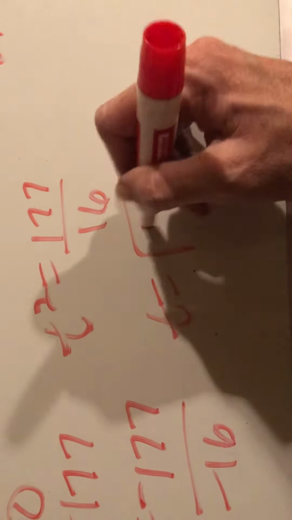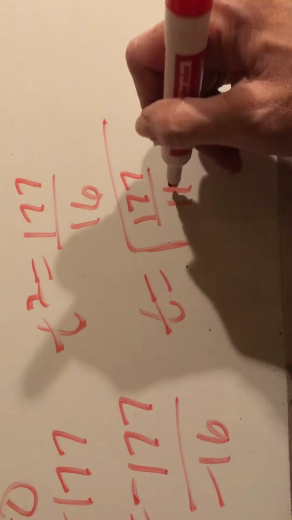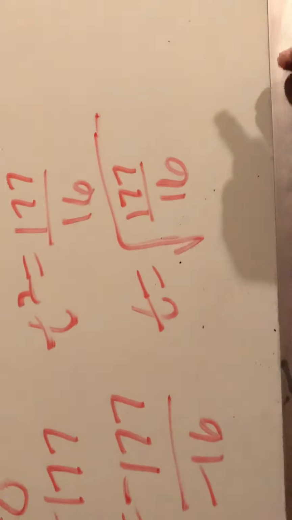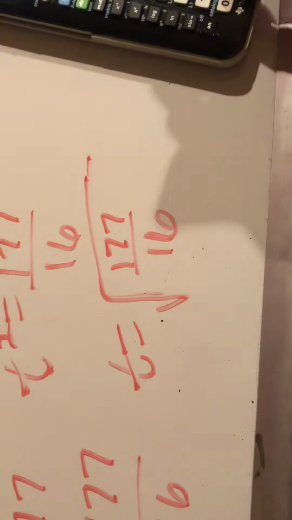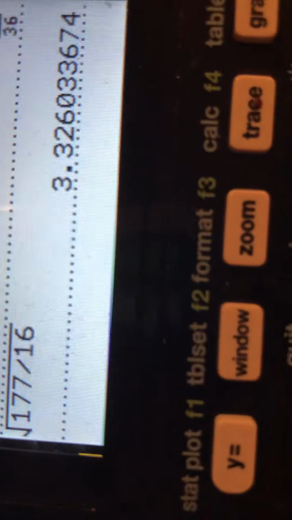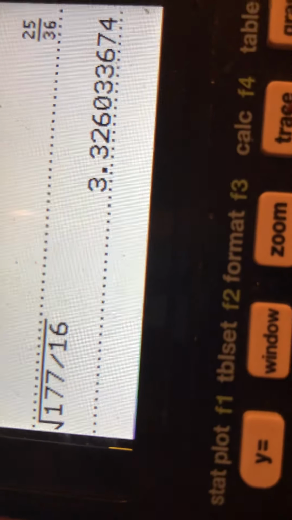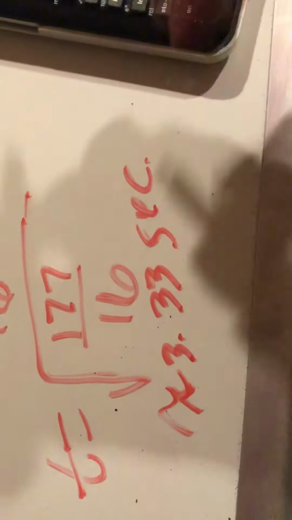So for t, you want to do the square root of 177 over 16. Type that in: second, x squared, 177 divided by 16. Hit enter. We went to the nearest hundredth, so around 3.33 seconds.